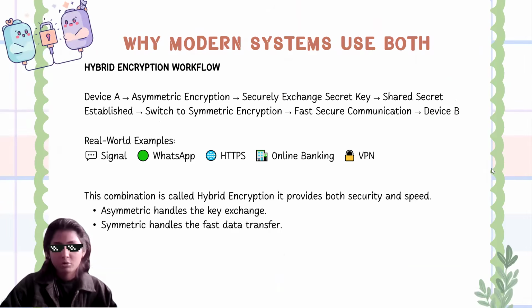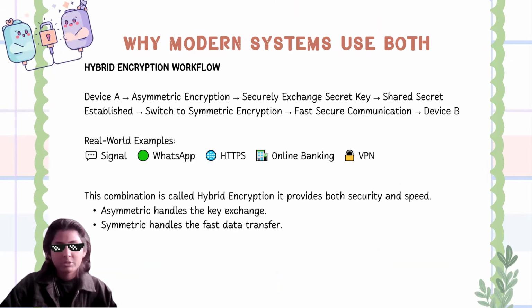So why do modern systems use both? If symmetric encryption is fast and asymmetric encryption solves the key sharing problem, combining them gives us something called hybrid encryption, which is fast as well as reliable. Here's how it works.